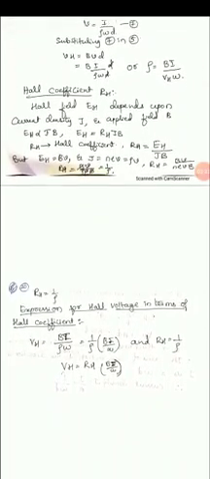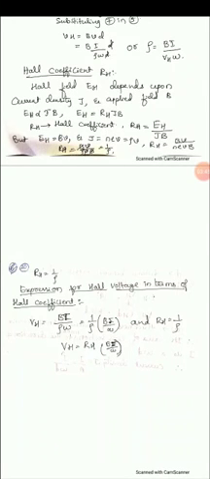Next, the Hall coefficient RH. The Hall field EH depends upon the current density J and the applied field B. Therefore EH is directly proportional to J into B, or EH is equal to RH J B, where RH is the Hall coefficient. RH is equal to EH divided by JB.